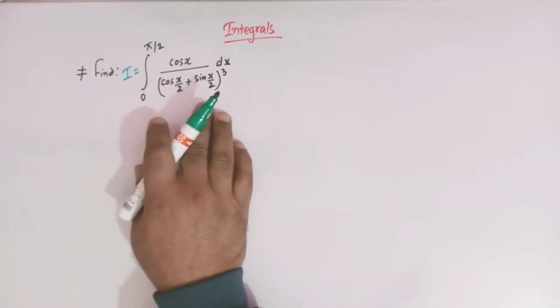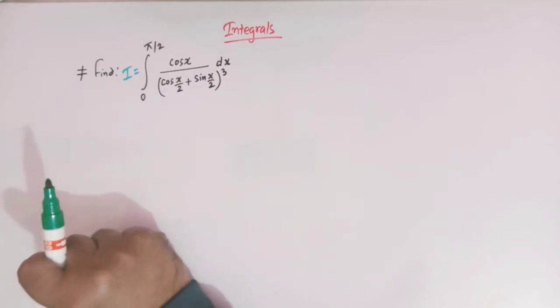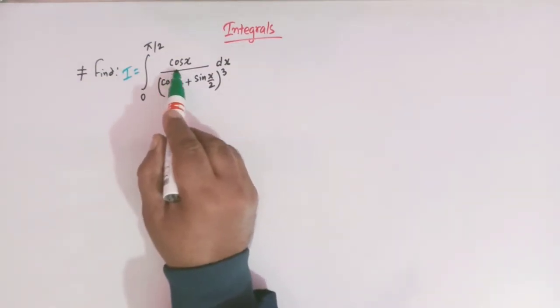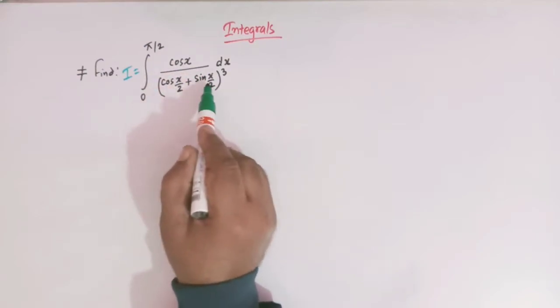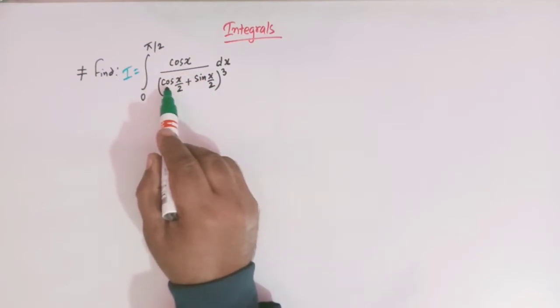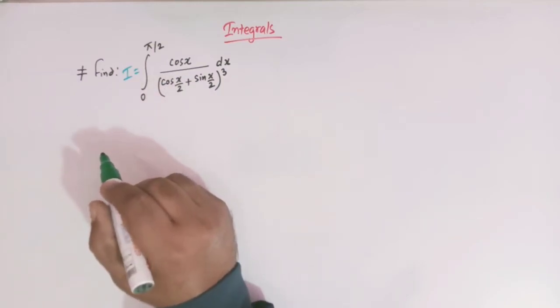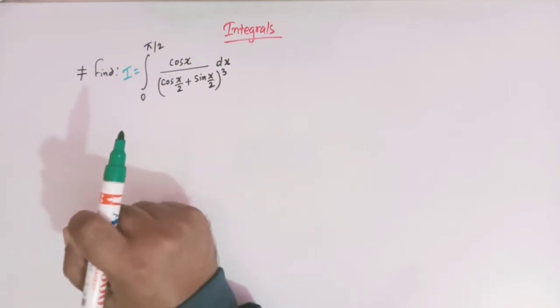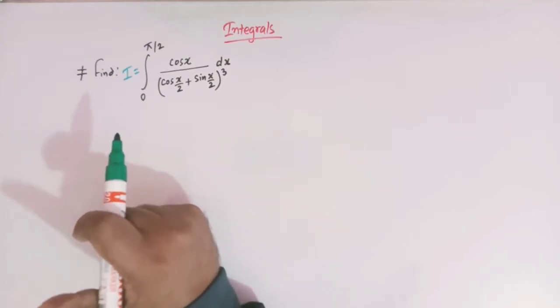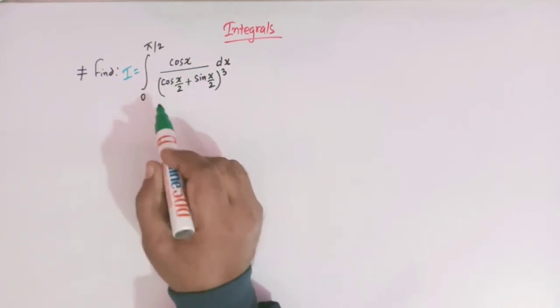Now we see that our integrand is a trigonometric function. In the numerator we have cosine x, and in the denominator we have a combination of cosine and sine functions. In such problems we usually use some important trigonometric identities to simplify the integrand.